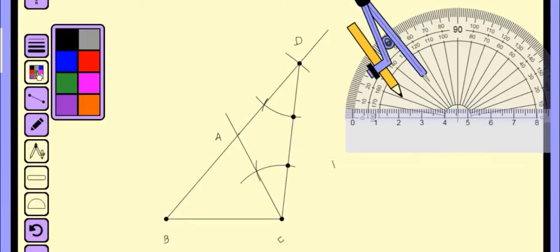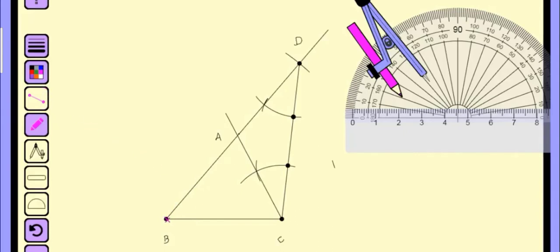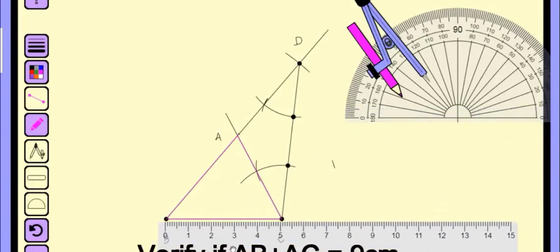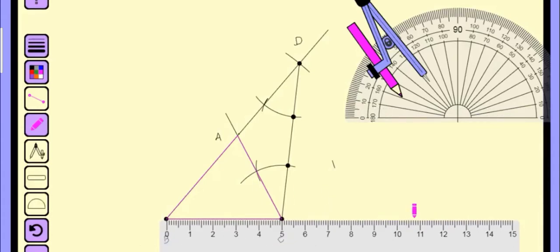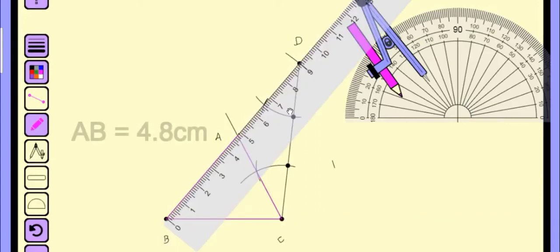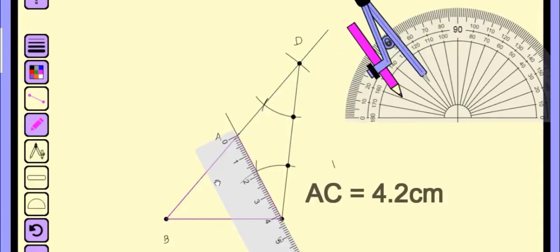If you measure with the scale, you will get for triangle ABC: BC is 5 centimeters, your AB is 4.8 centimeters, and your AC is 4.2 centimeters. So the total BD is 9 centimeters.